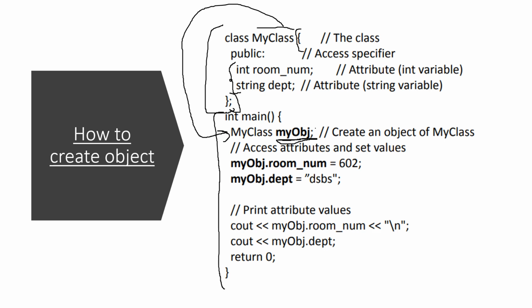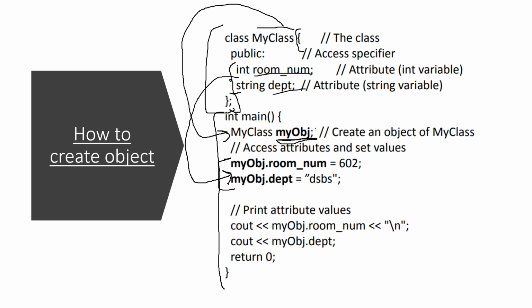Now we put the attributes and set the values. After creating objects, inside the object we put the attributes of the object. We had created the attributes room number and department. Now we call the object that we had created, that is my obj dot and whatever attribute you want to call.